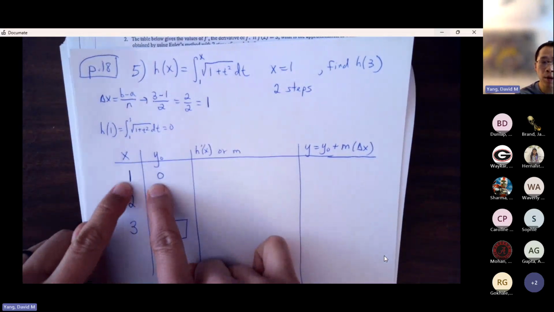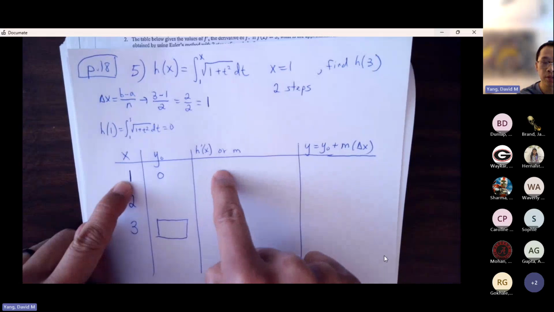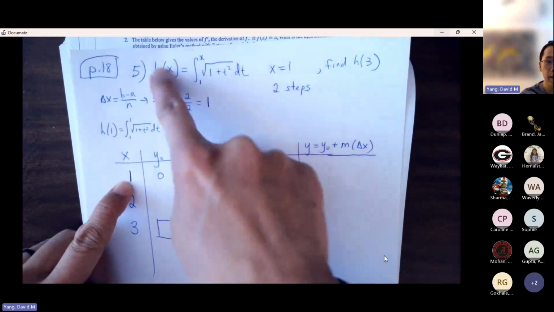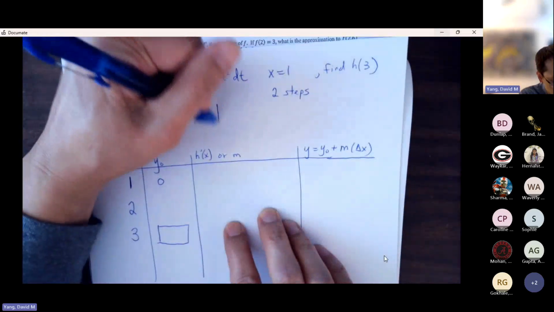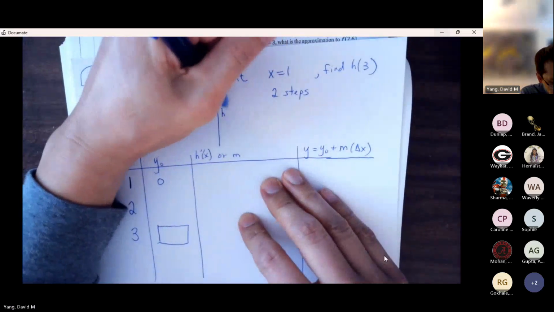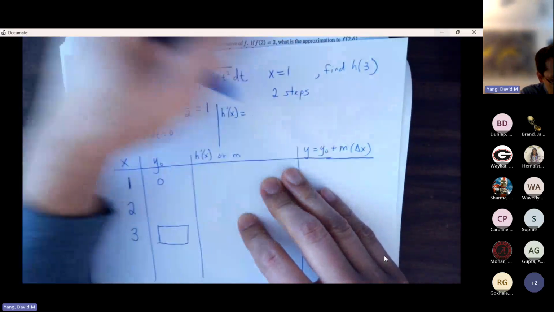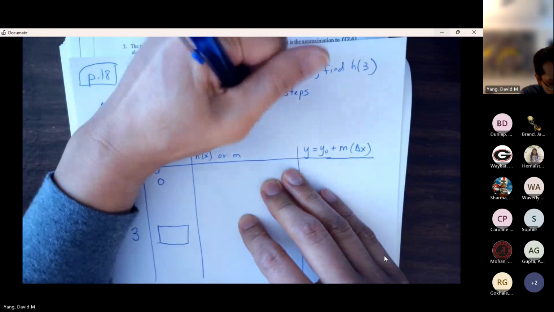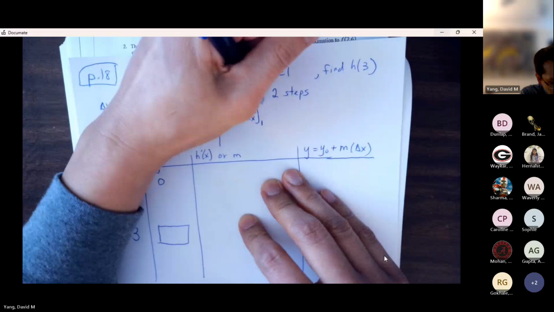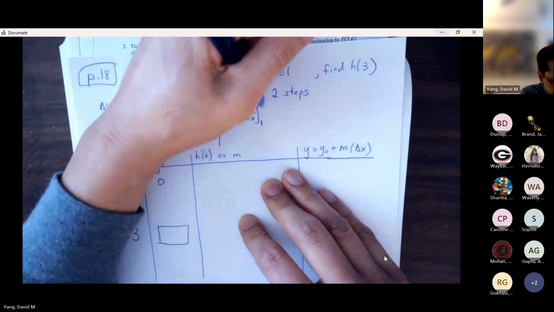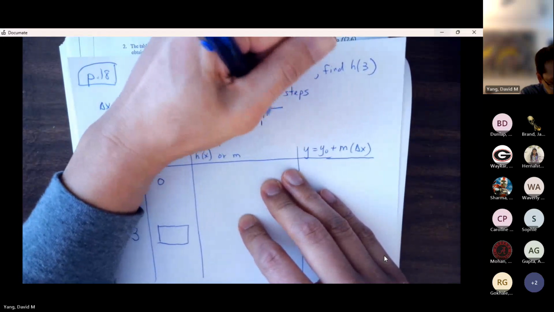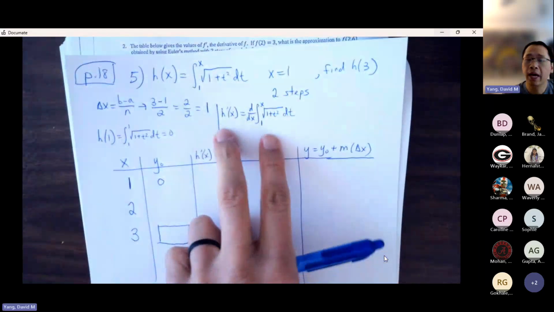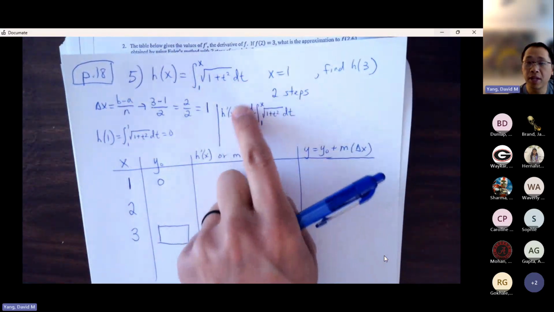Now, we want to plug 1 into h prime to find the slope, but they don't give us h prime. We have to find it ourselves. So to find h prime, I've got to find the derivative of this function. Okay, now that should remind us of the second theorem.